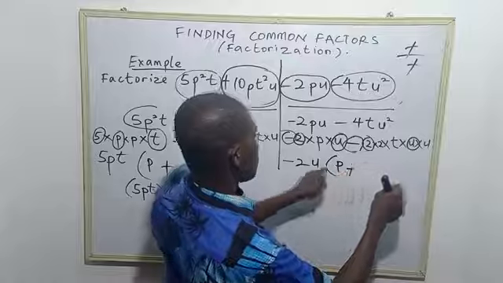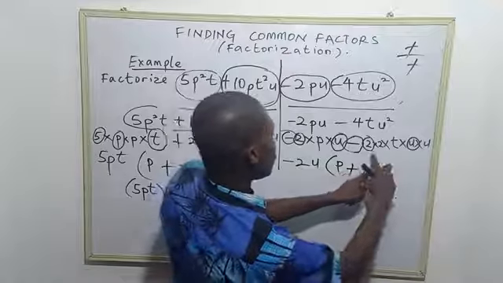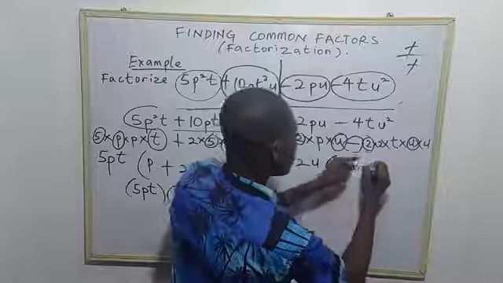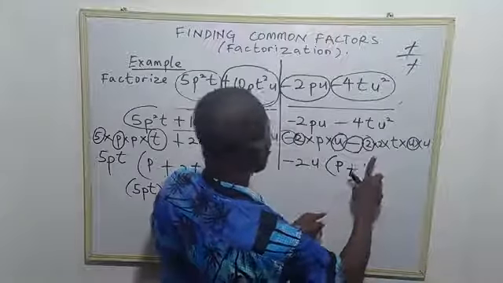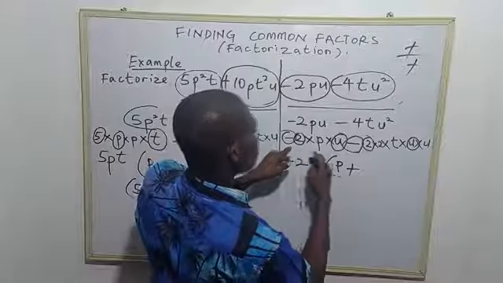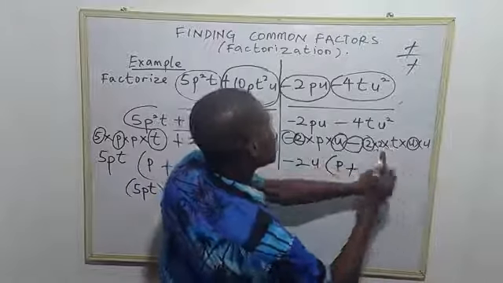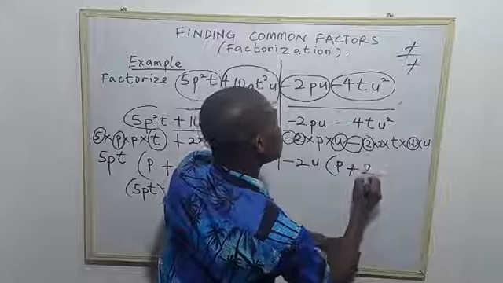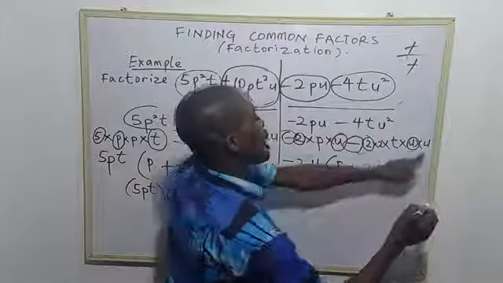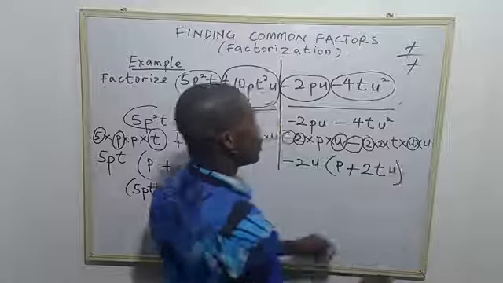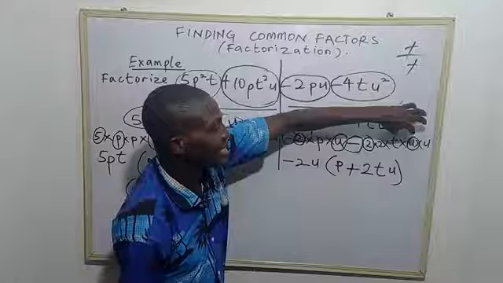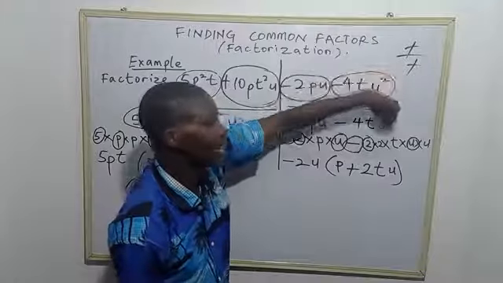T. Okay, so we have picked our T. Then 2, minus. Okay, T. What is left is T. Let's write it: T, then 2 and U. Take note, what I'm trying to do is this. Those things that are left, they are the ones we are writing out.